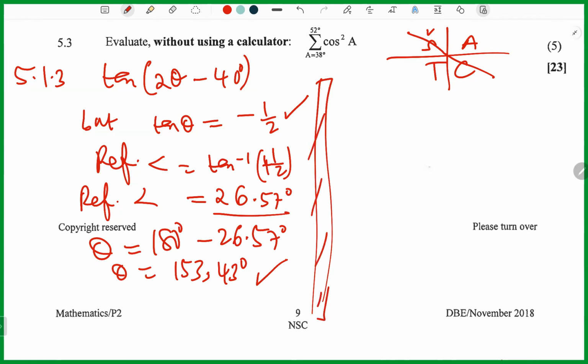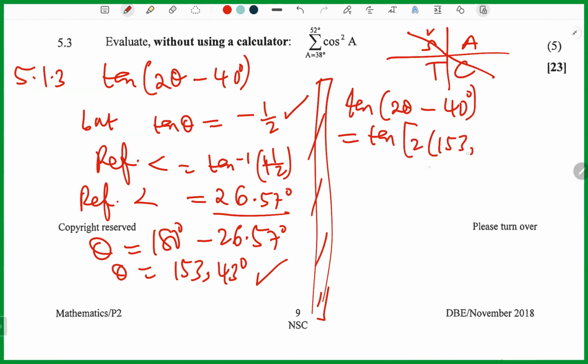Right, so once we have these, then we're able to continue after dividing the whiteboard here. We're able to see, therefore, that we have the tangent of 2 theta minus 40 degrees, which is the same as the tangent of 2 into theta, which is 153.43 degrees minus 40 degrees. And then what is the answer to this?